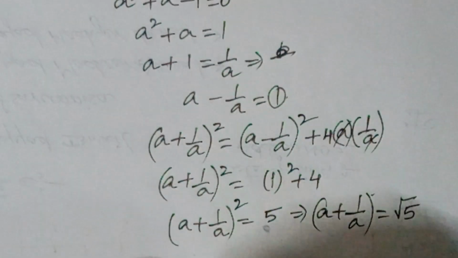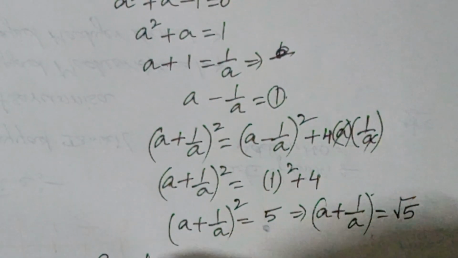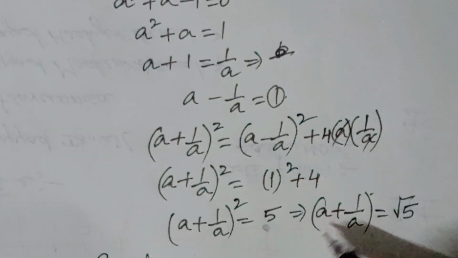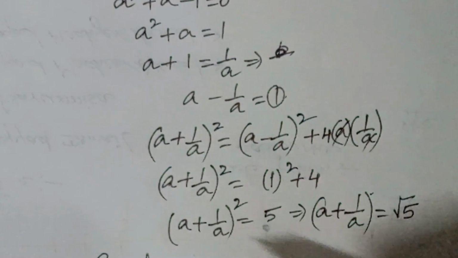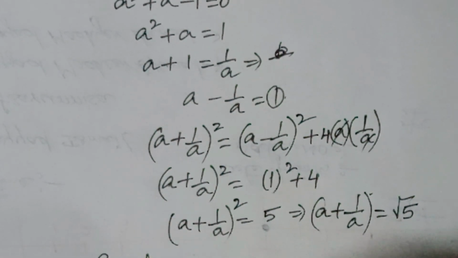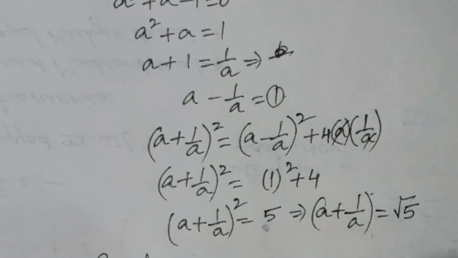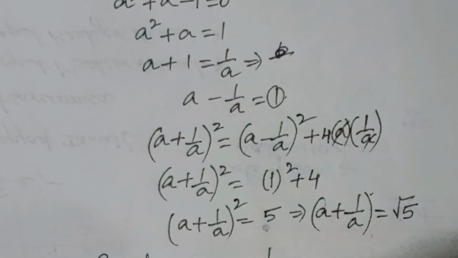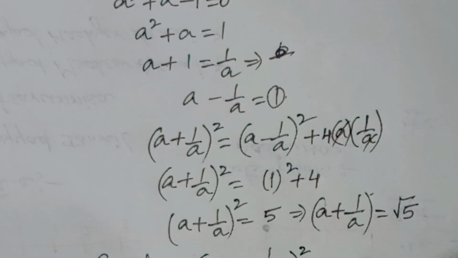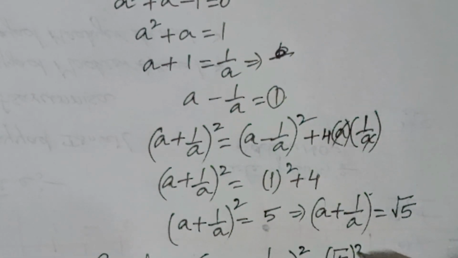So what is required now? Substituting the a value here. A value is xyz. So xyz plus 1 by xyz whole square is equal to root 5 whole square.